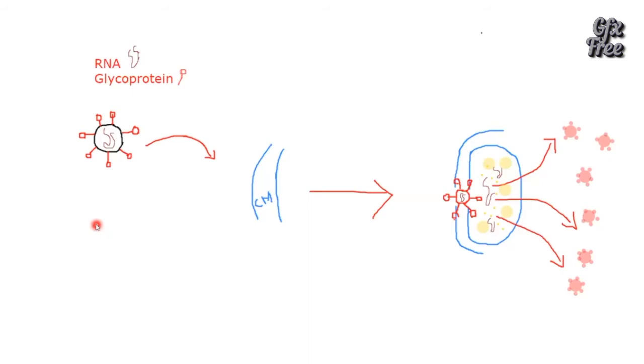Now, we'll be discussing how the virus actually infects a cell and how it leads to its replication. So, what happens is, the virus particle, the coronavirus COVID-19, has a structure with a double-stranded envelope and a single-stranded RNA molecule.